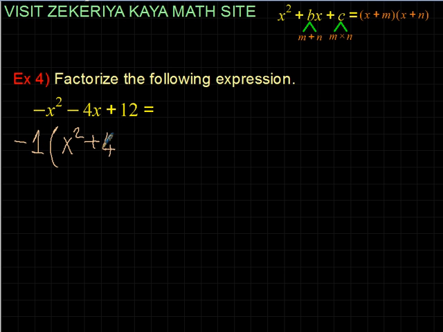Negative 1 times plus 4 will be minus 4x if we go back. Negative 1 times what makes plus 12? Minus 12. So we take negative 1 factor out, then the expression inside the parentheses is the one which we can factorize.